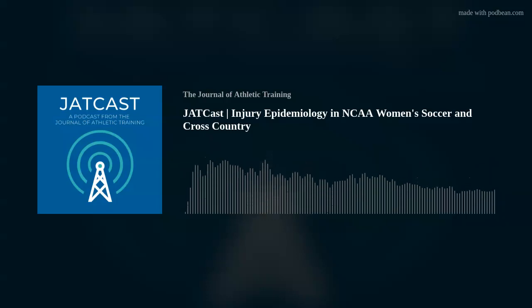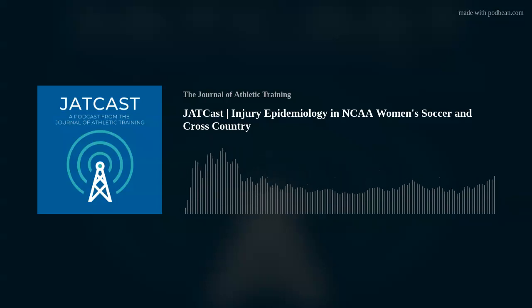The National Collegiate Athletic Association Injury Surveillance Program, also known as the NCAA ISP, has allowed us to identify injury rates across most NCAA men's and women's sports across 5-season increments. In addition, the ISP not only provides injury rates across sports, but also collects data specific to time lost from injury rates across subcomponents of the season, event type, player position, and environmental factors, to name a few.